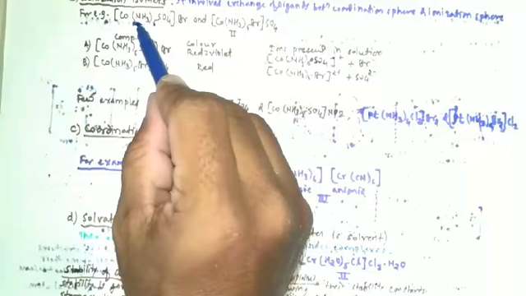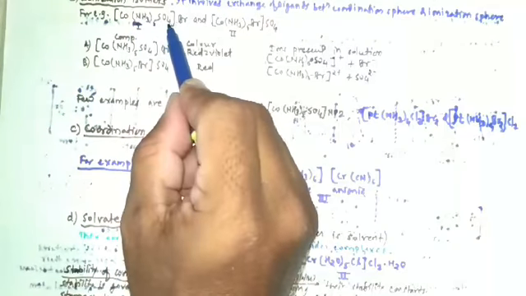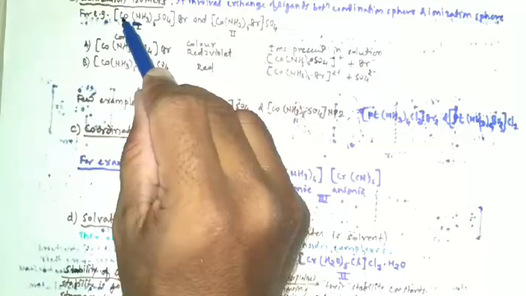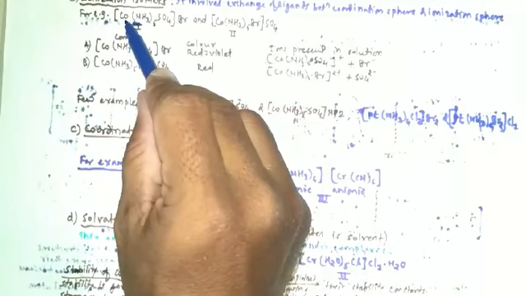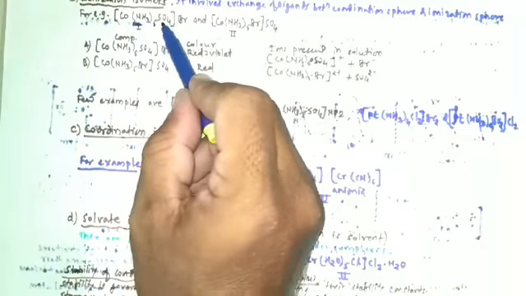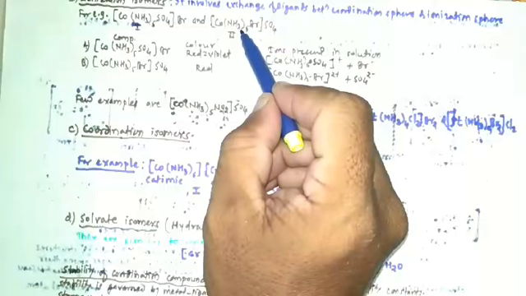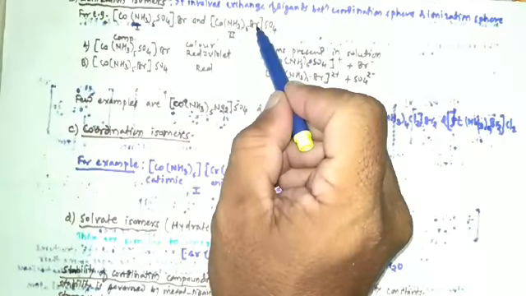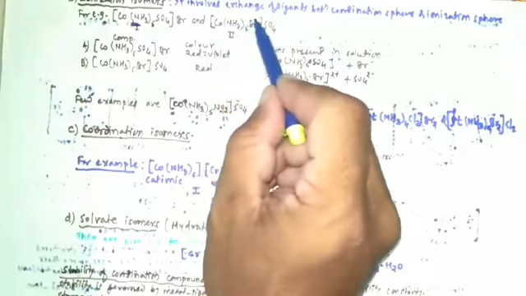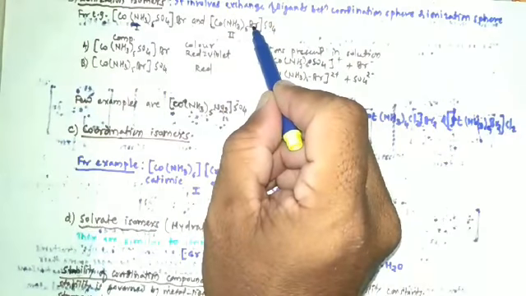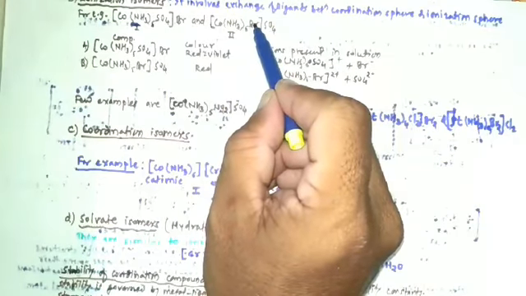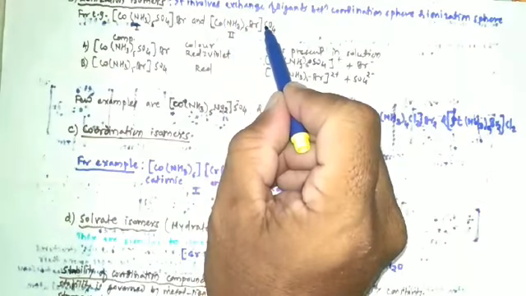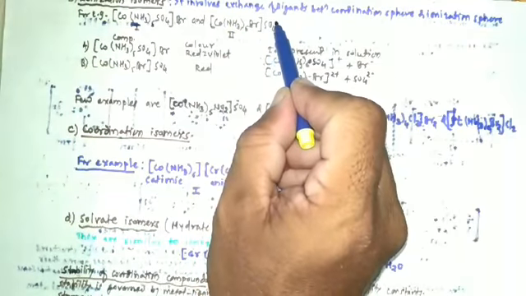In the first complex, the SO4 2 minus anion is bonded to Co, in the coordination sphere. In the second complex, Br minus is in the coordination sphere and linked to Co, while the SO4 2 minus ion is in the ionization sphere.